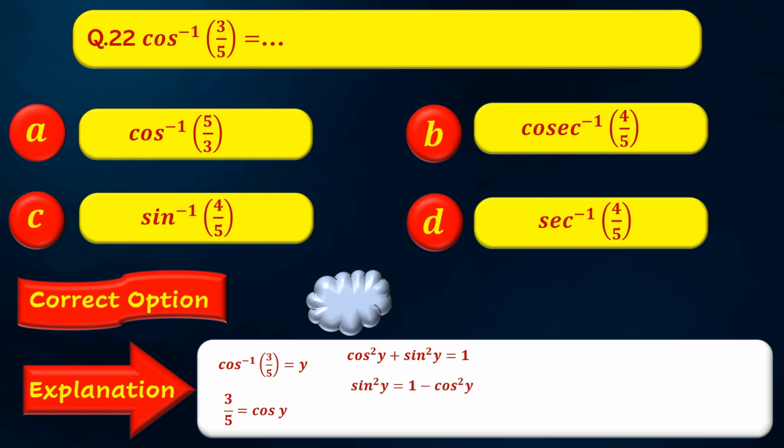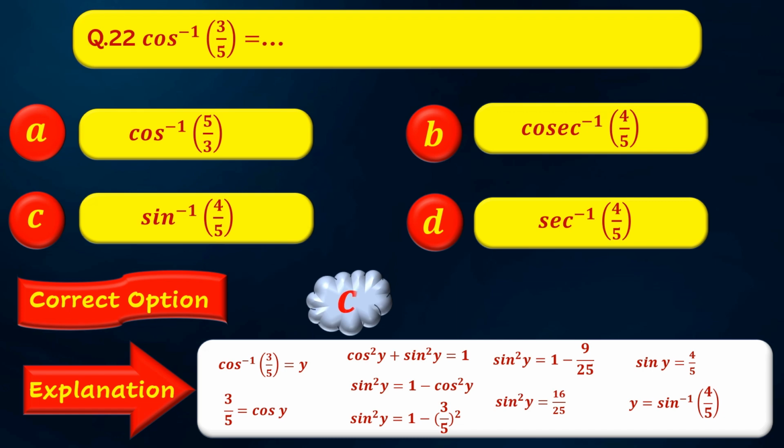So sin square y will be equal to 1 minus cos square y. Replace the value of cos y to be 3 over 5. And after simplifying, we get sin square y is equal to 16 over 25. And it gives sin y is equal to 4 over 5, which gives y is equal to sine inverse 4 over 5. Therefore, correct option is option C.